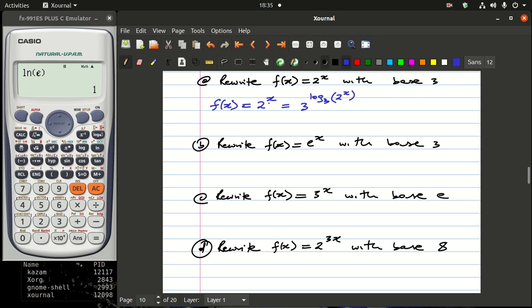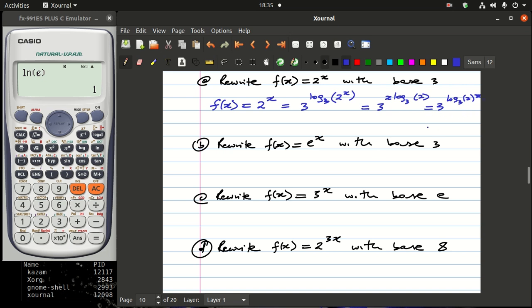But if you look carefully, I can just take the x in front there. So I will end up having 3 raised to x log base 3 of 2. And I can just say 3 to the log base 3 of 2, all to the power x. So this is how you can end up changing this whole thing. It's very straightforward and very easy to do.